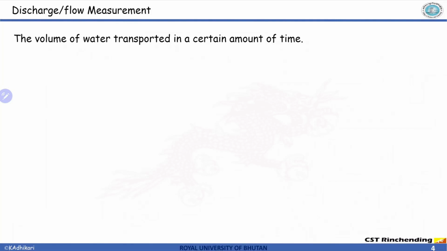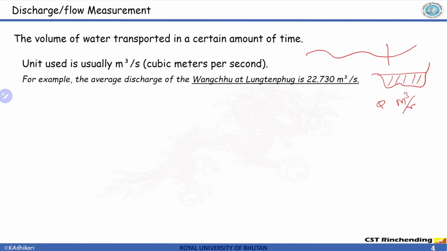Let's say this is a river, and this is a particular cross section where you're interested to measure the discharge. So here there will be some cross section and water will be flowing here. How much volume of water, that is cubic meters of water, is flowing per second is what we call discharge. So pretty straightforward, and it is usually measured in cubic meters per second.